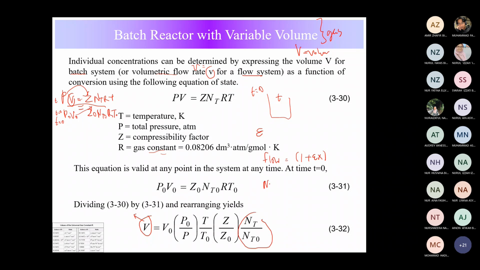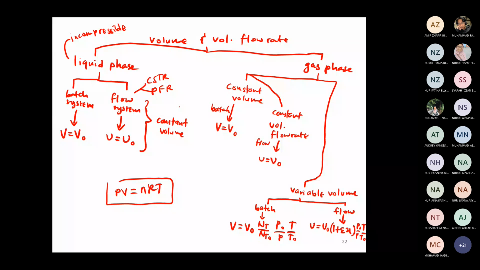Okay, so NT over NT naught is equals to 1 plus EX. Okay, so this one 1 plus EX. Okay, nanti I akan terangkanlah after this lagi details apa benda ni. Okay, and usually this one kita assume dia ada system, Z ni akan equal to Z naught. Okay, so this one kita boleh omit dia. Alright, okay. Itu just introduction.